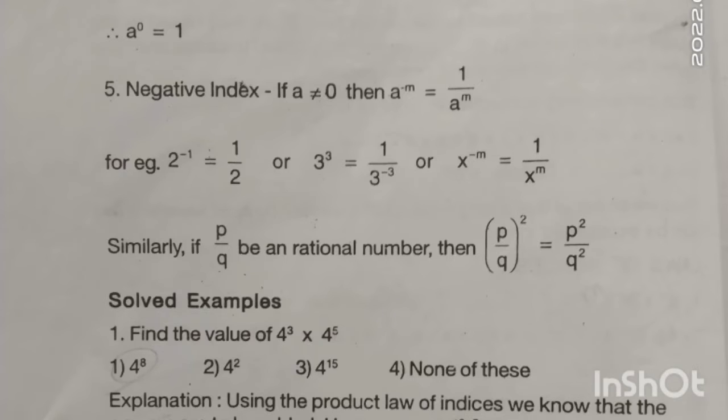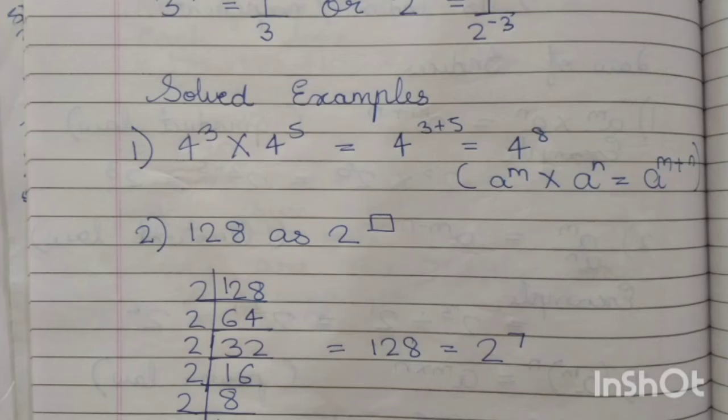I hope you understood all the 5 laws of indices. Now let's come to the solved examples. 4 to the power 3 multiplied by 4 to the power 5. Here we can use the product law, the first law that we learned, where a to the power m multiplied by a to the power n is equal to a to the power m plus n.